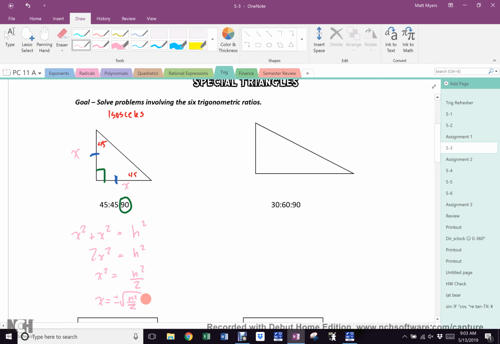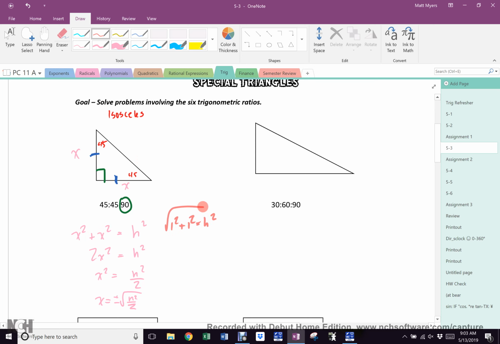Now, what would be the easiest number to give to the letter x right now? It can't be 0 because you can see it's got a distance. What's the next easiest number to work with? 1. So it would be 1 squared plus 1 squared would equal h squared, yes?